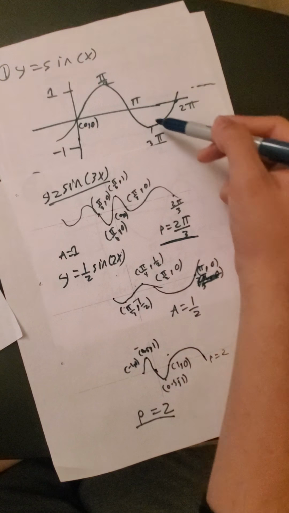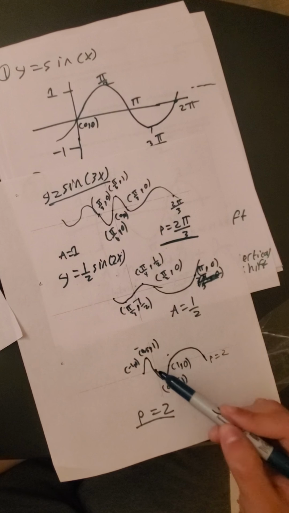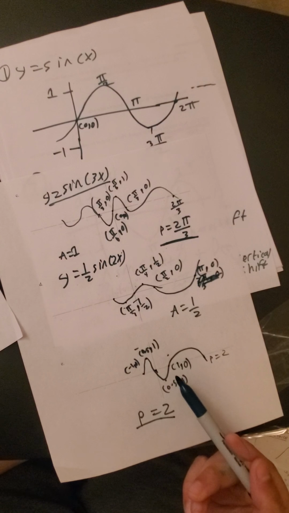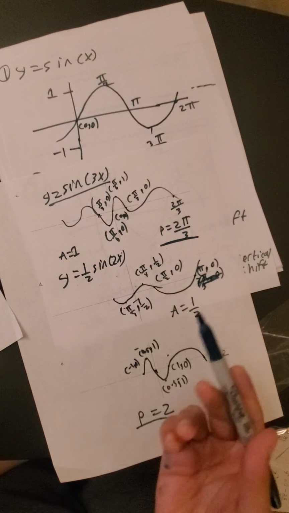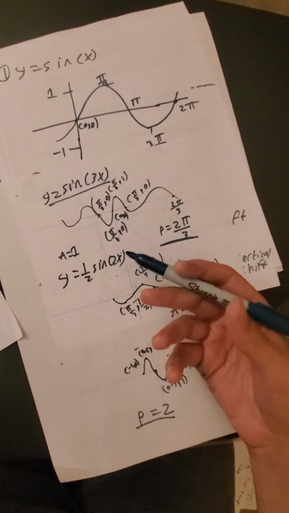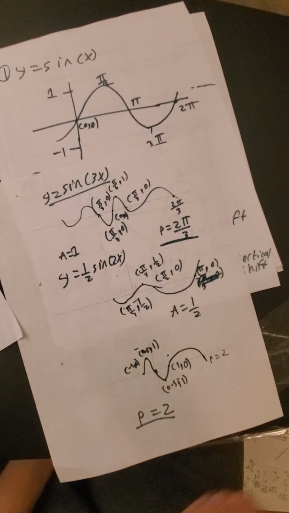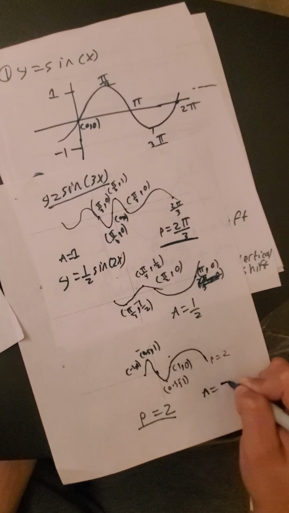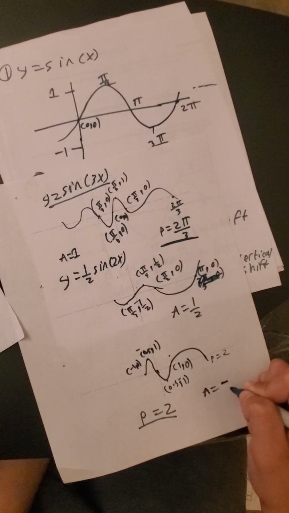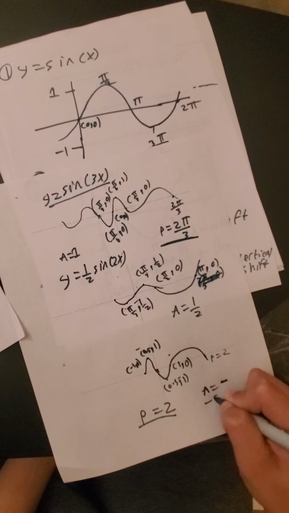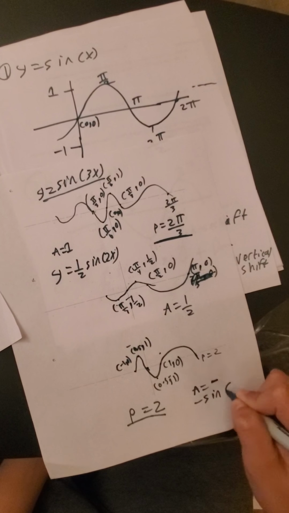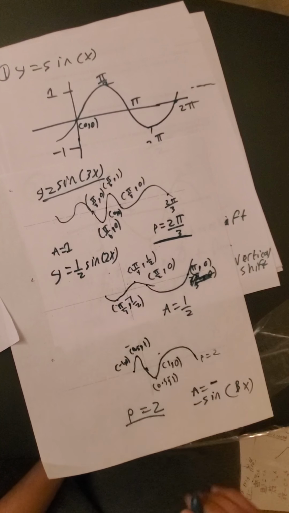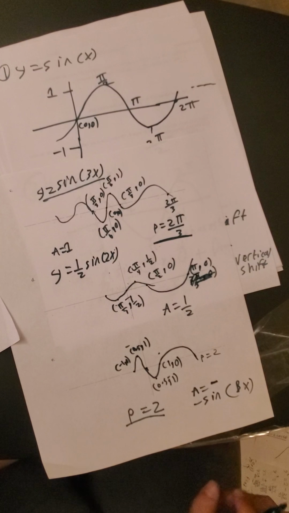The graph of sine of x goes up, this graph goes down. So the main difference is that this graph basically just has a negative sign in front of it, which caused it to flip. So we can say that the A is just negative, or we can just plug in a negative sign at the beginning. So we have negative sine of something times x. We call this something b.